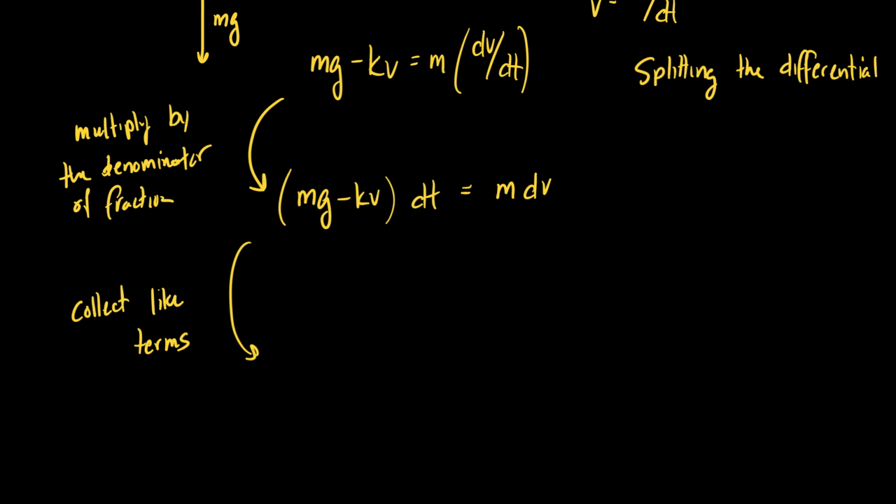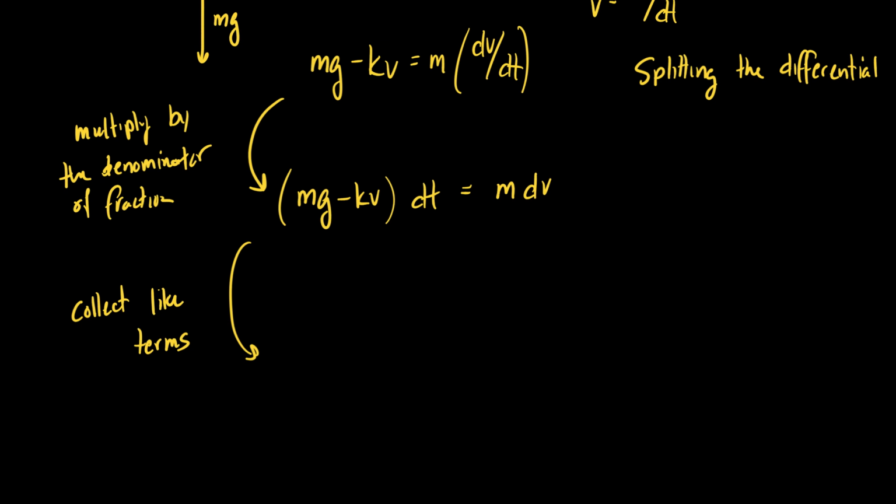Now, this part is not terrible, but you're just going to be multiplying or dividing. You need anything that has a t in it on the same side as dt, and anything with a v in it on the same side as dv. Now, I will notice, and I hope you do too, that there is no t in the equation. So there's no way for me to get any t's onto any side because there are no t's. But I do see a v in the equation, do you?